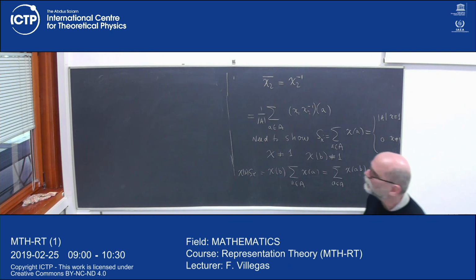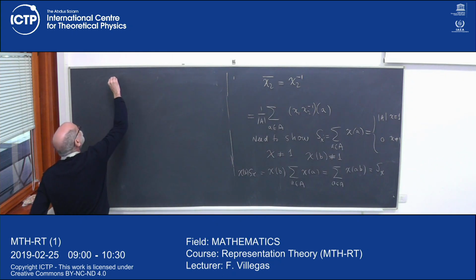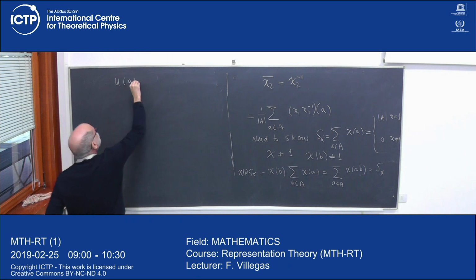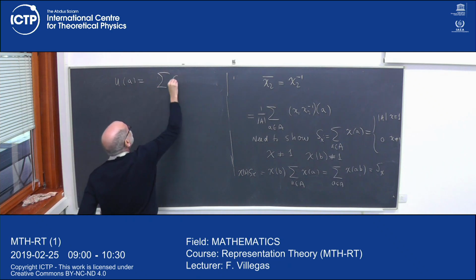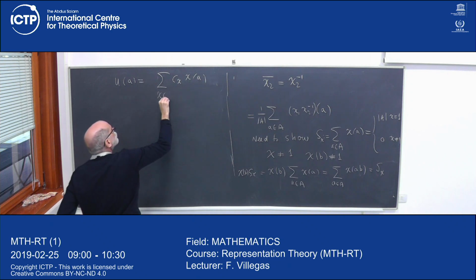And in fact, because the basis was orthonormal, recall that we have U is a function, and what we proved is that we can write it uniquely as the sum of C chi times chi of A, where chi is in the dual.